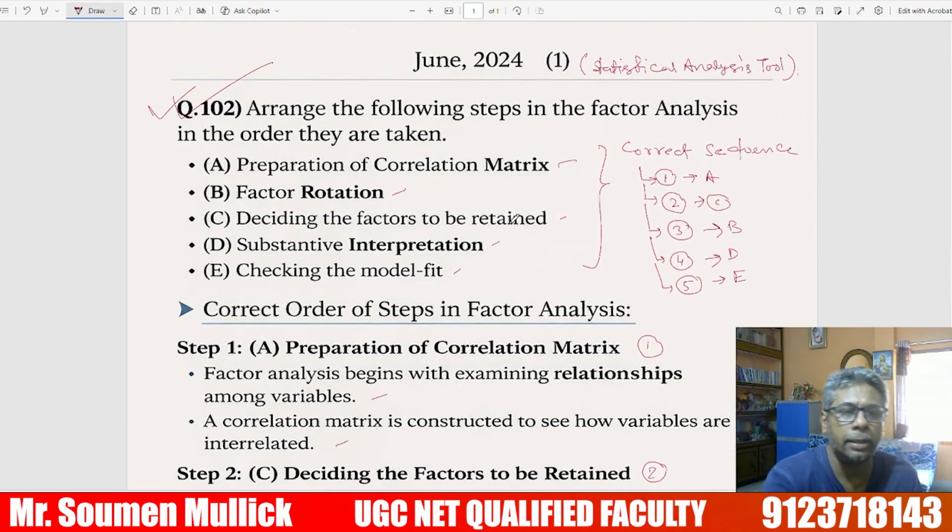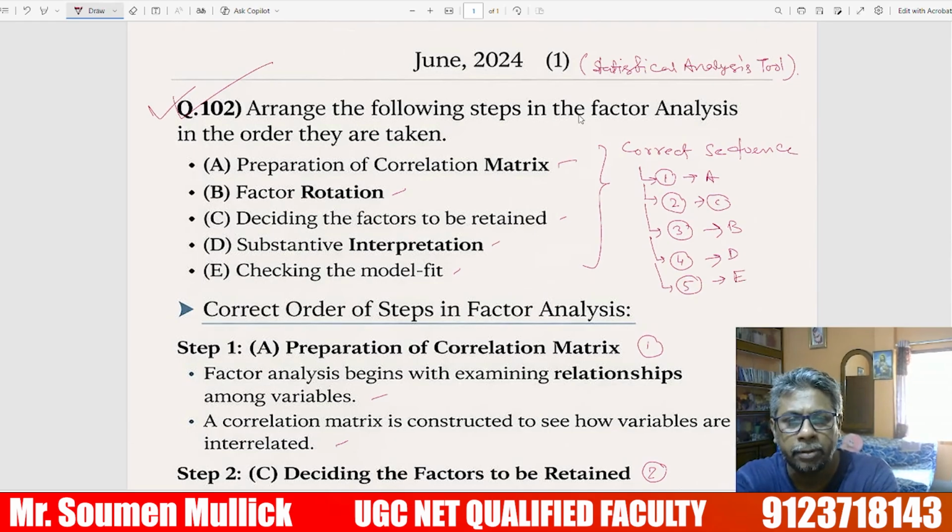Now we move on to our next question. The next question is based on arranging the following steps in factor analysis. They have given the steps: A, preparation of correlation matrix; B, factor rotation; C, deciding the factors to be retained; D, substantive interpretation; E, checking the model fit.